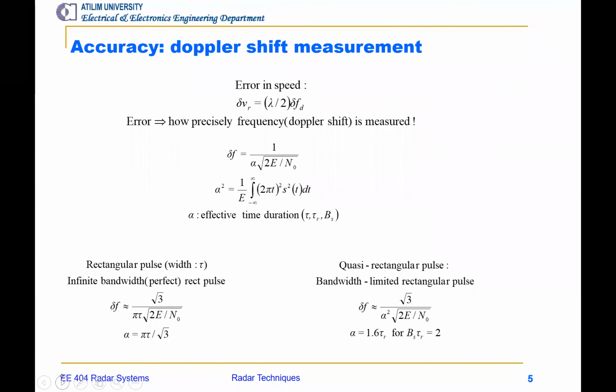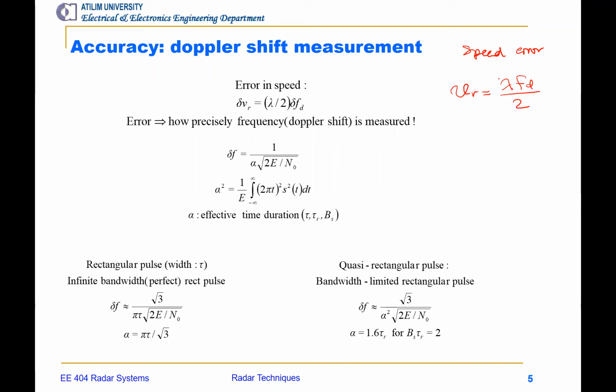So that was about range error. How about the Doppler shift, so speed error? Remember that the speed of the target can be given in terms of the Doppler shift and wavelength.